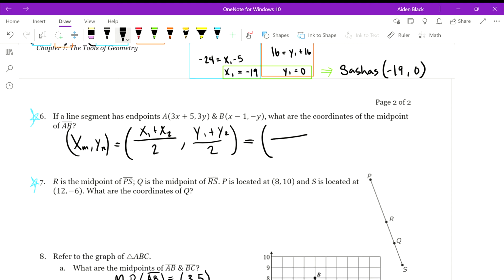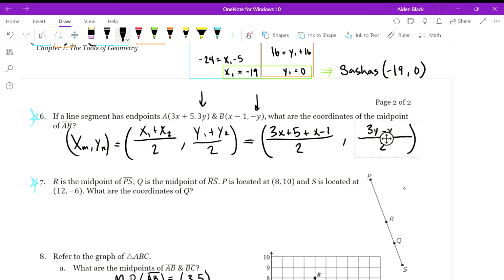So in the first case, we have 3x plus 5 plus, we're going to add this x value, x minus 1. And then with the y's, so that's this one and this one, we're doing 3y minus y over 2.